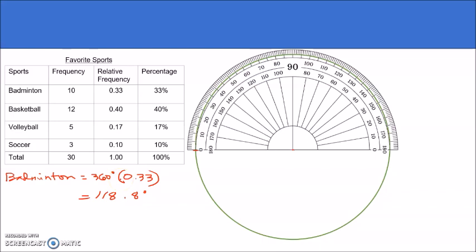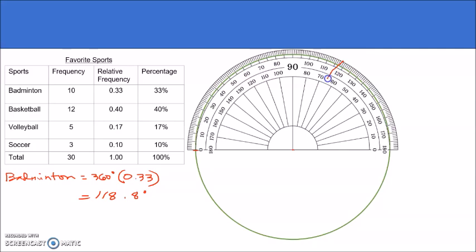Sa protractor, hahanapin natin. This is 0 degrees. So, 10, 20. This is 90. That's 100, 110. 120 ito. So, dito si 118.8. Okay? And so, we just connect this with the center. Ayan. You can use a ruler.